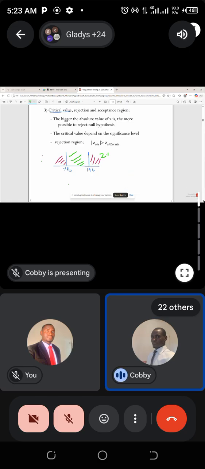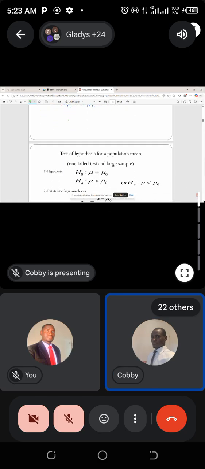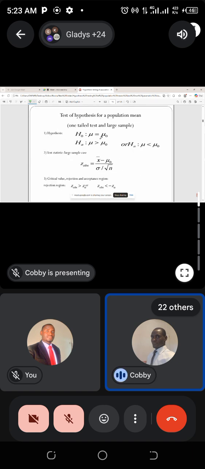So that is the gist. Then we have one-tailed. I have explained on one-tailed. So one-tailed, we are interested to know if the population mean is greater or if the population mean is equal. So here the null hypothesis is going to say the population means are equal.